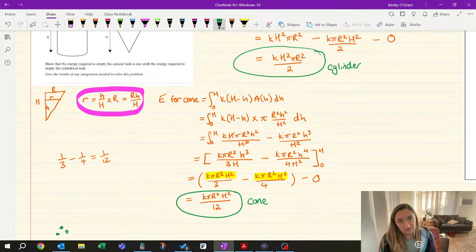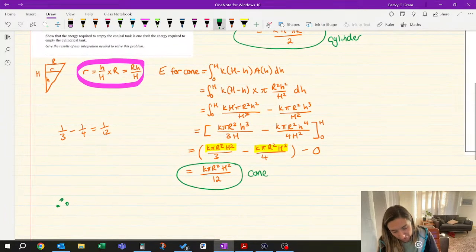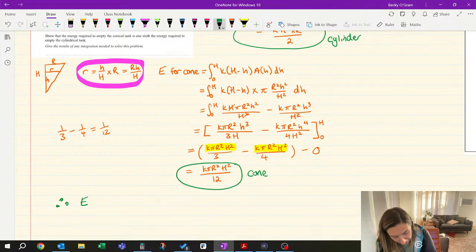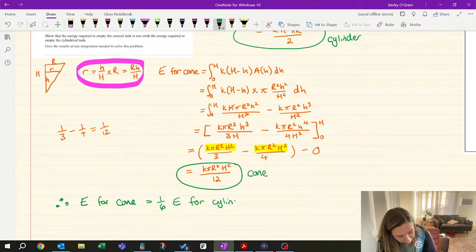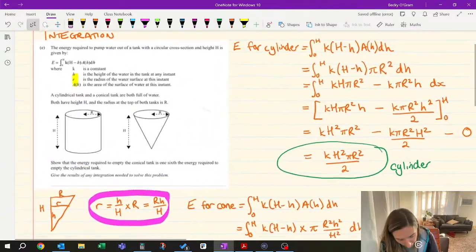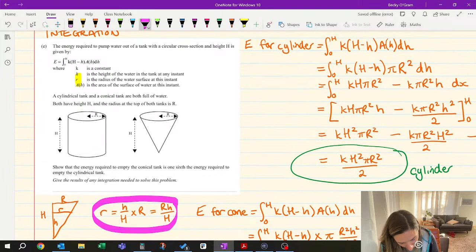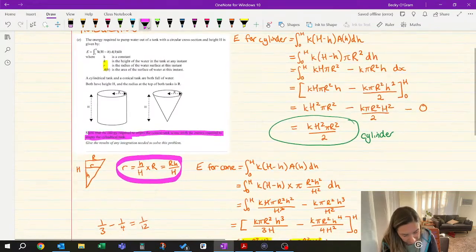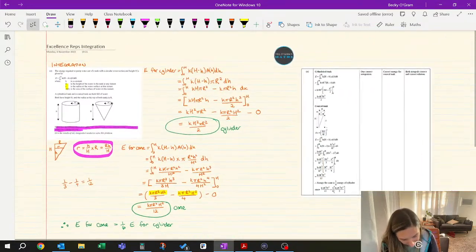So the cone one is 6 times smaller than the cylinder, which was what was in the question. So therefore, E for the cone is equal to 1/6 of E for the cylinder. Okay, so let's just go back to the question and just show you that's what we were aiming for, was to show that the energy required to empty the conical tank is 1/6 required for the cylindrical one. And that's where we've gone to with that.